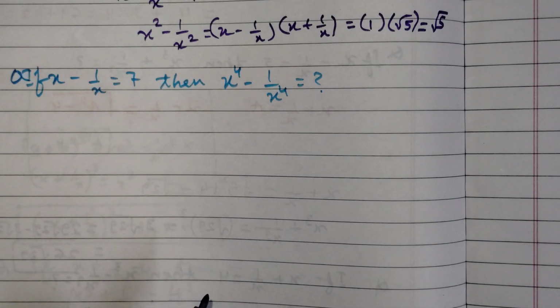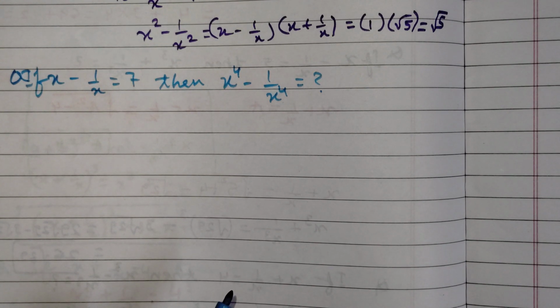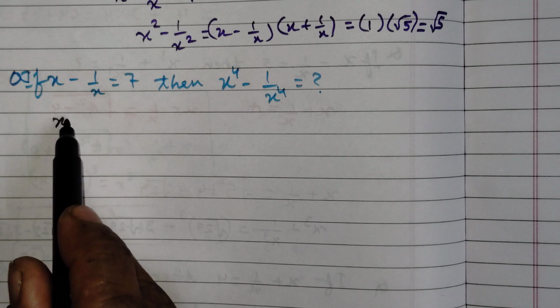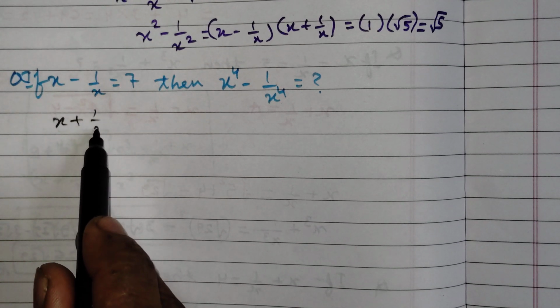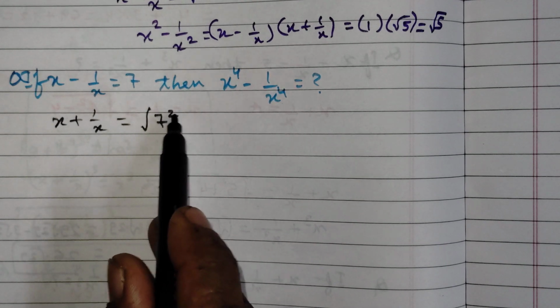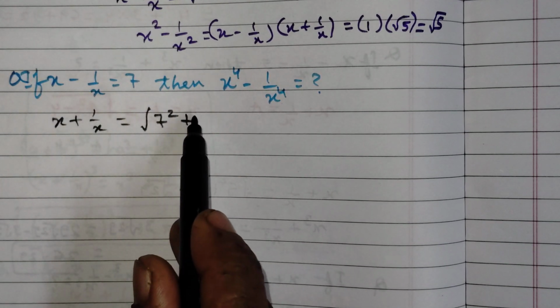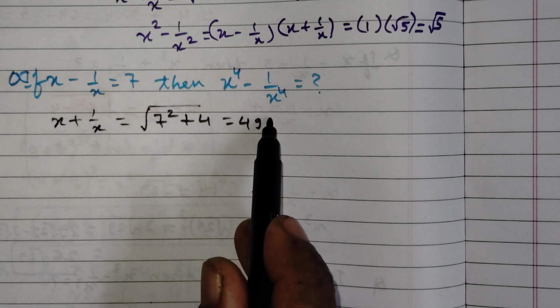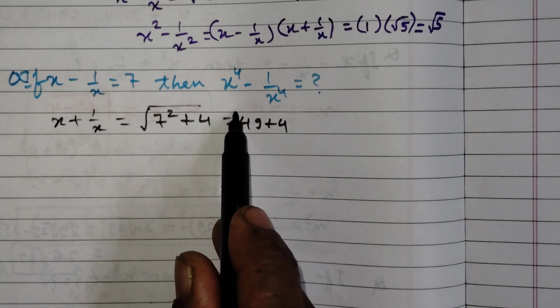In this question, first we find x plus 1 upon x. So x plus 1 upon x can be found out by square root of this number squared, then the opposite sign, then 4. So 7 square is 49 plus 4, square root 53.